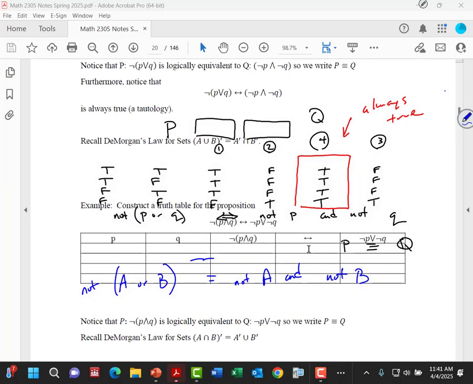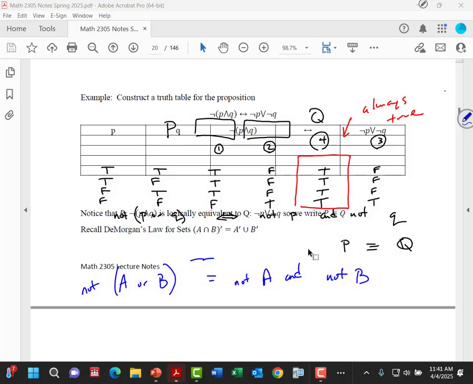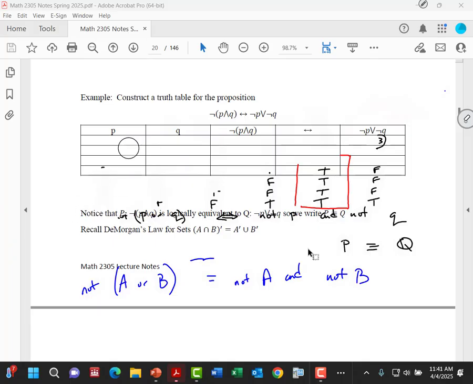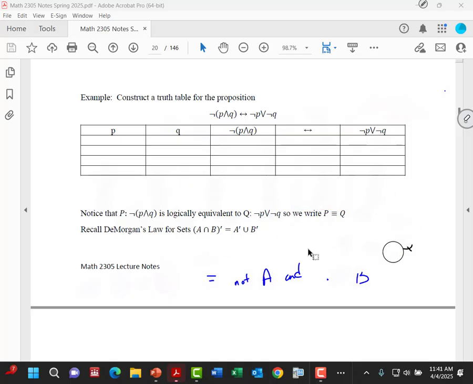Okay, let's take a look at this next truth table. So let's construct a truth table for this statement. So true, true, true, false, false, true, false, false.